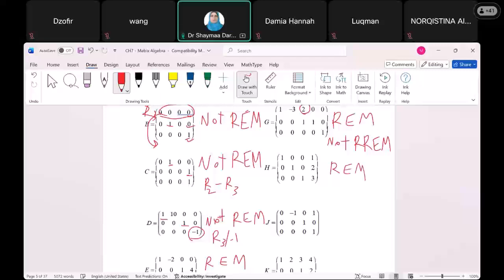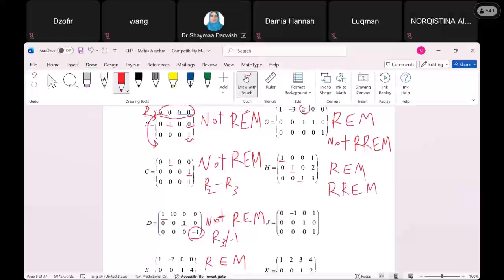Okay, the first non-zero number is 1. Each one come to the right. Okay, reduced or not? Yes, also reduced. Reduced row echelon matrix, because all the column having leading 1, all the other entries are 0.